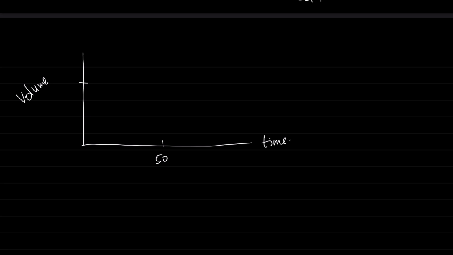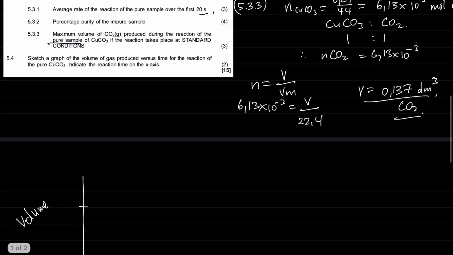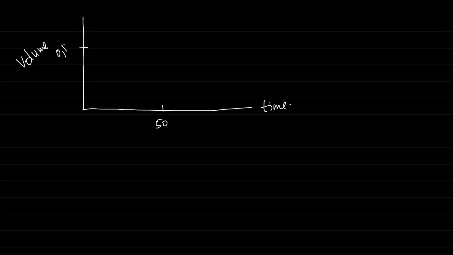We worked out the volume to be approximately 0.137. This is dm cubed, and this is in seconds. The reaction will start off with a high rate, and then at 50, it should taper off straight. So it should look something like that.